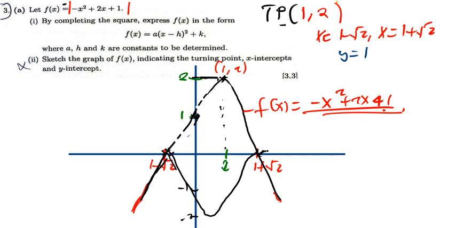If there is modulus, and also negative outside, that's what we do. But for this one, there is no modulus and nothing else, so the answer is just the graph which we have found. That's all. So that is it for this question.